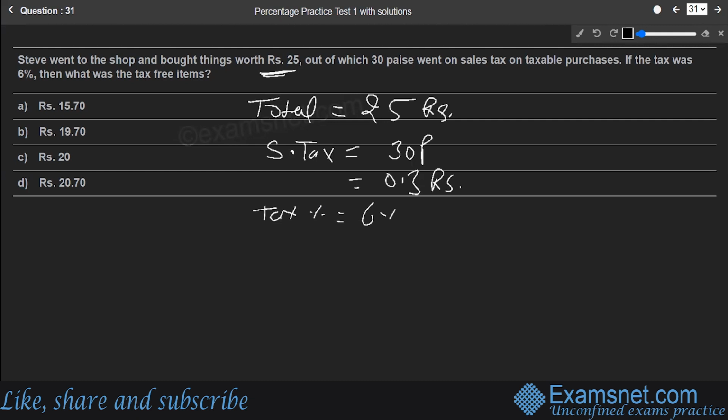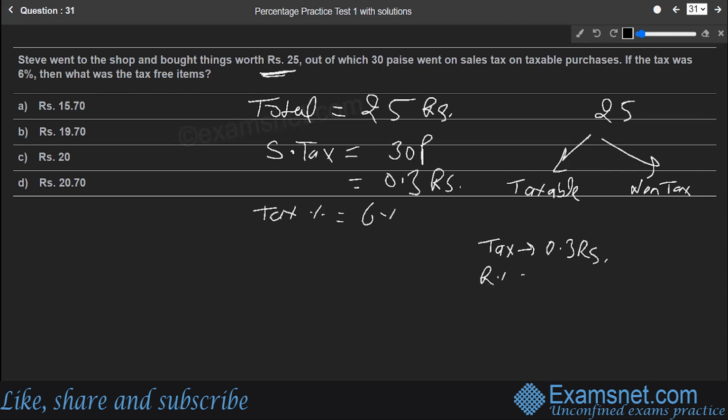So clearly we can understand that out of the bill of 25 rupees, there have to be two categories. One category is of taxable items. Another is the category of the tax-exempted articles or non-taxable items. The tax is levied on the taxable items. The tax that has been paid is 0.3 of a rupee, and the tax rate was 6%.